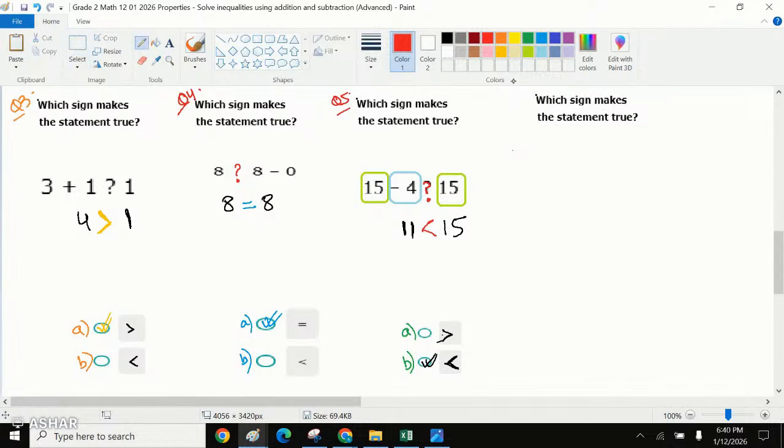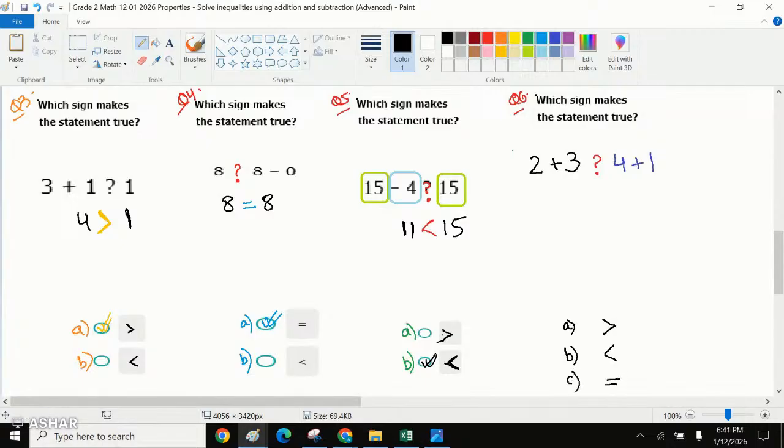Our question is question number 6. Can I say that 2 plus 3 with a missing sign and 4 plus 1? The given options for us are: option A is greater than, option B is less than, and option C is equals to.